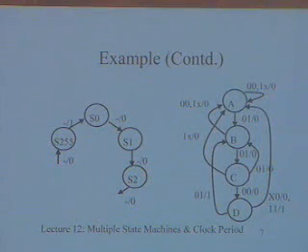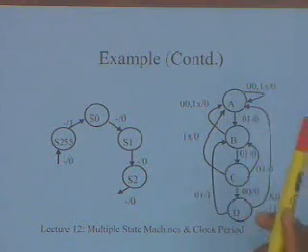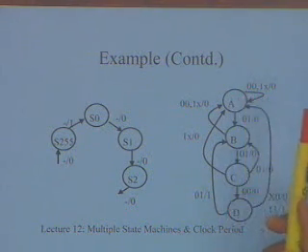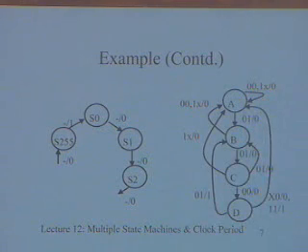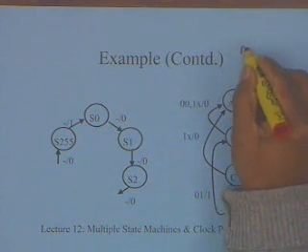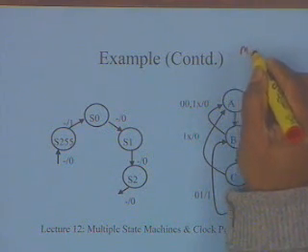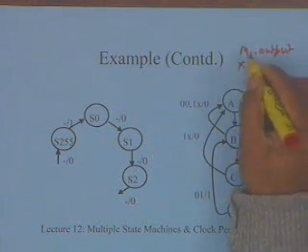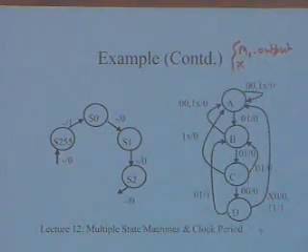What are the three of them? Here the first input is coming from M1, the M1 output, and X is the second input, the two inputs that I am showing here.